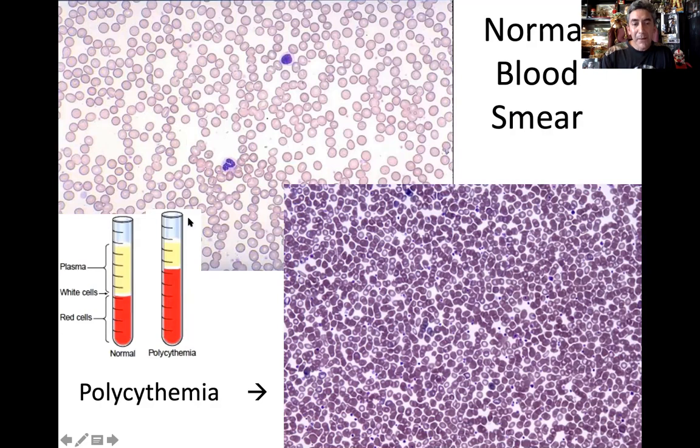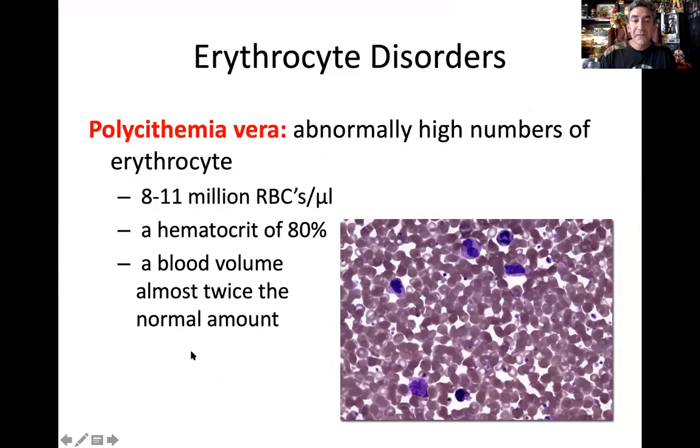So this is normal. If you look at the bottom right one, this doesn't look normal. It looks like there are too many red blood cells. This is a condition we call polycythemia, where we have abnormally high numbers of erythrocytes.